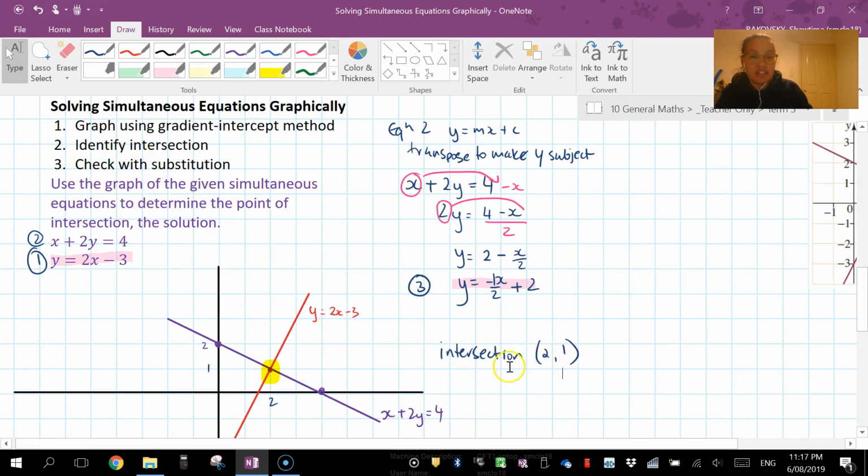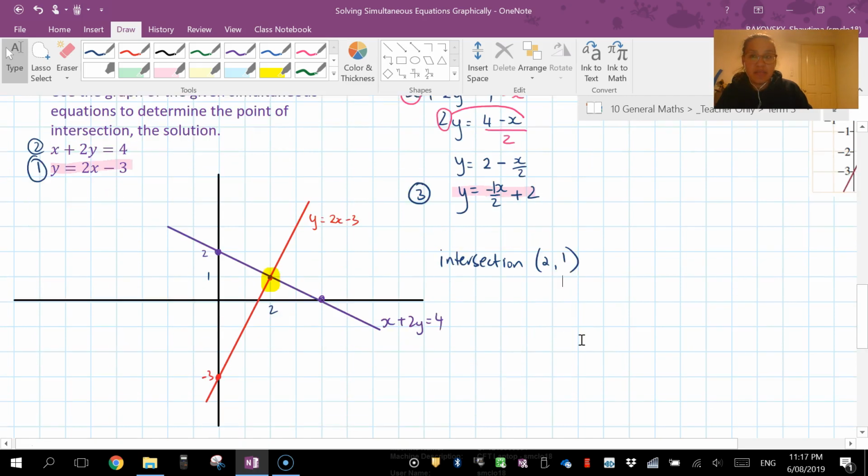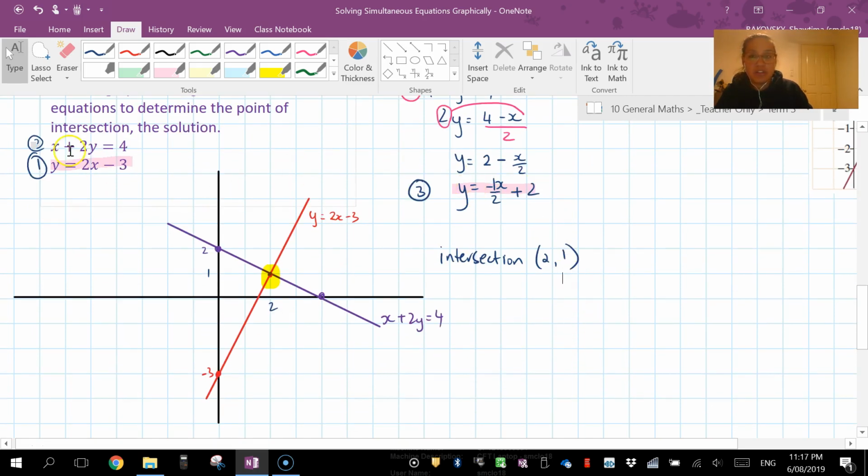So I've got this intersection at 2, 1, but I need to check it by substitution. I'm going to use my two formulas here. Intersection, verify by substitution. Now, if this is right, you can substitute it into both of those and you should have right side equals left hand side.